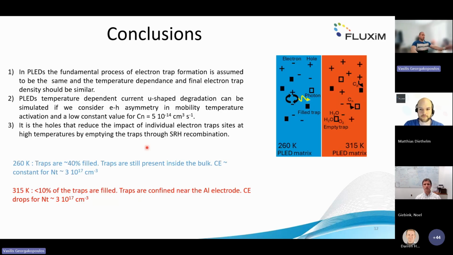Whereas at high temperatures, the traps are roughly 10% filled. The occupied traps are confined near the aluminum electrode, where we have high electron density, and the current efficiency drops at higher trap densities. So that is it, basically.